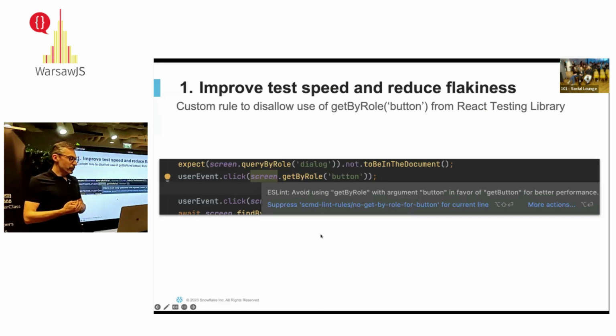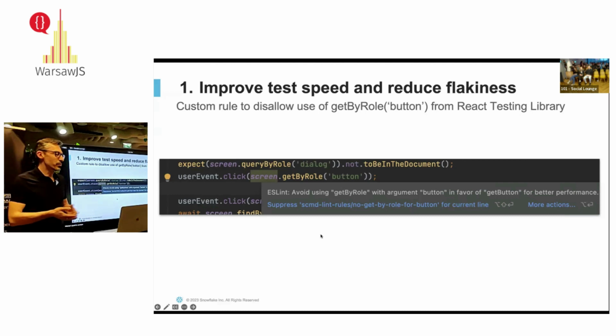We want to avoid using the default getByRole method for fetching, for example, finding buttons on the page. We want to replace it with our custom one that will be faster, right? What can we do now? We can tell everybody on Slack, hey, use this method instead of that one, and hope that everyone will remember.